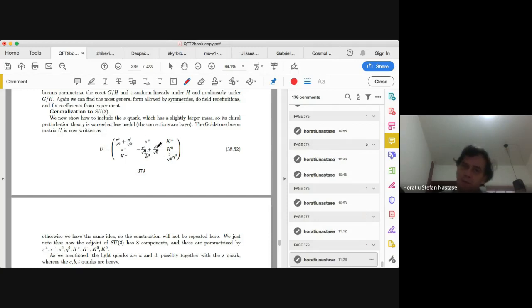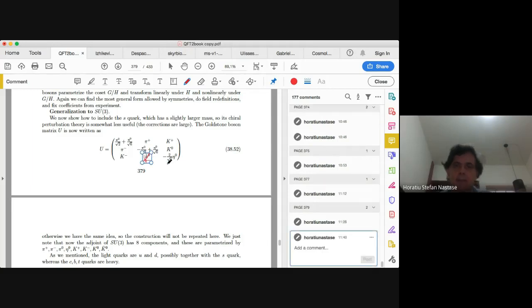So if you look at the particle physics, at what kind of particles there are that involve only up and down and strange, you find there's also eta 0, K0, K plus, and K minus. Yeah, this is capital K, of course. So together you find this matrix of pseudo Goldstone bosons for chiral SU3 breaking.